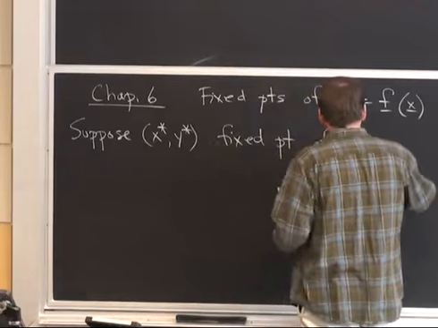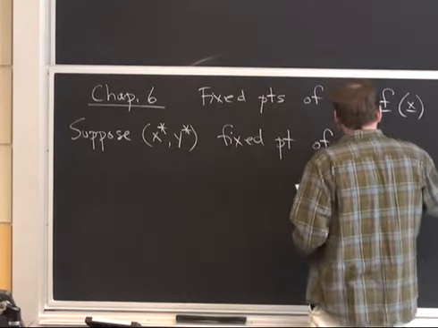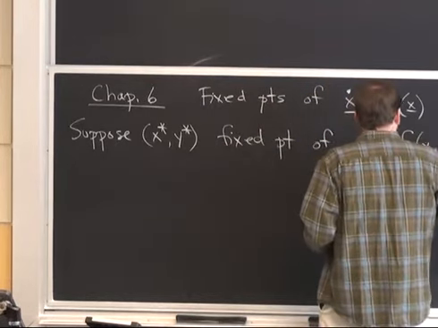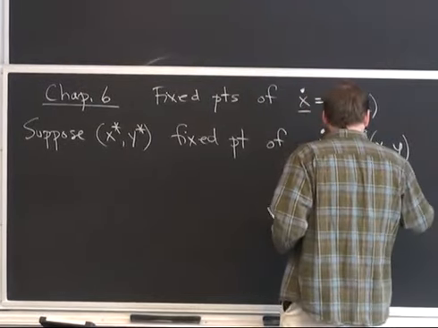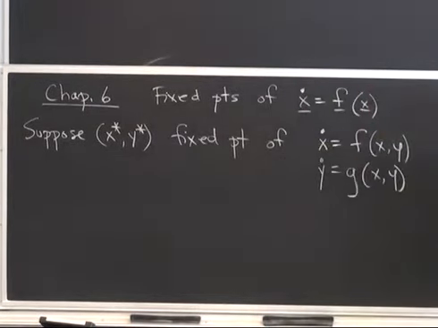And we'll write it in components as x dot is some function of x and y, and y dot is some other function of x and y. And remember, a fixed point for a 2-dimensional system would mean that both x dot and y dot are 0 there, representing an equilibrium state of that system.